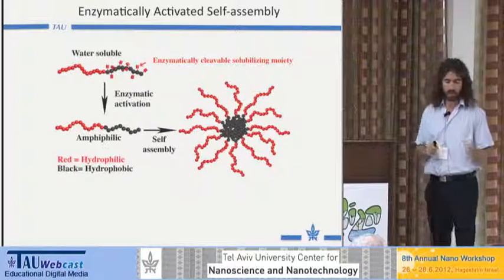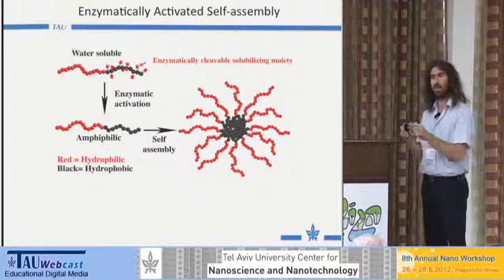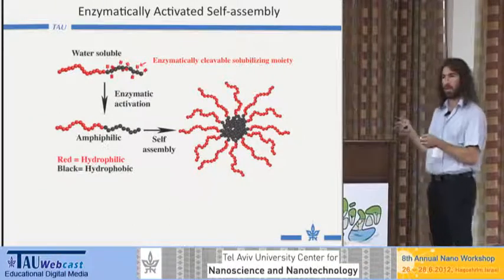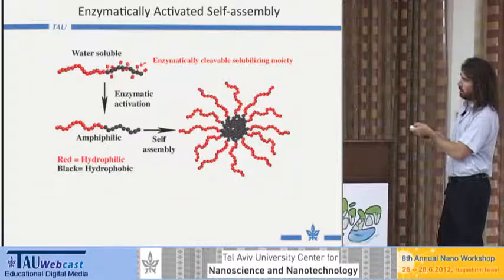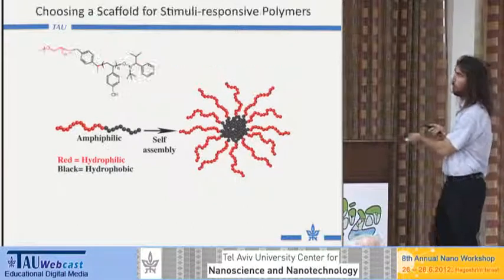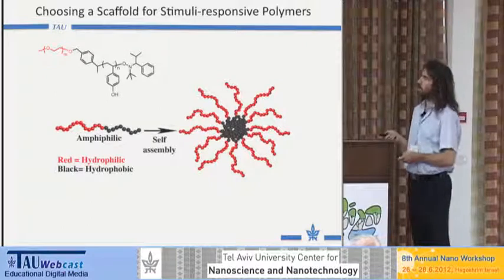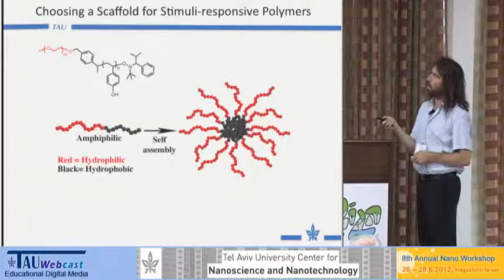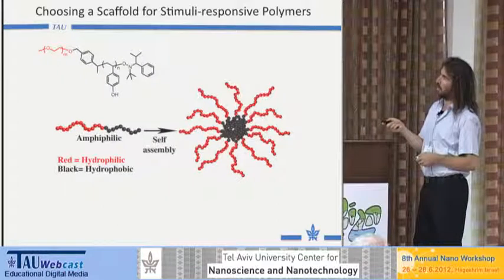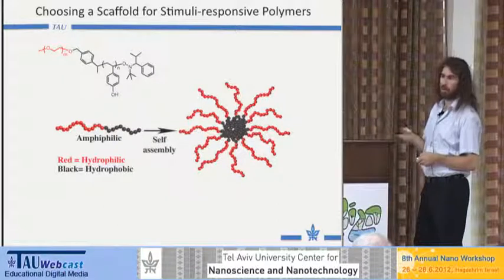So the first step in this process was to choose the right polymeric platform that we can build our system on. So to choose the right amphiphilic block copolymer, we chose a block copolymer of polyethylene glycol, PEG, connected to 4-hydroxystyrene.